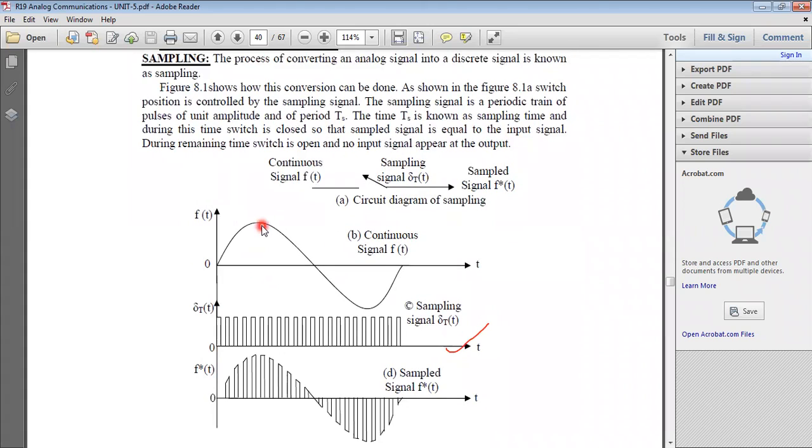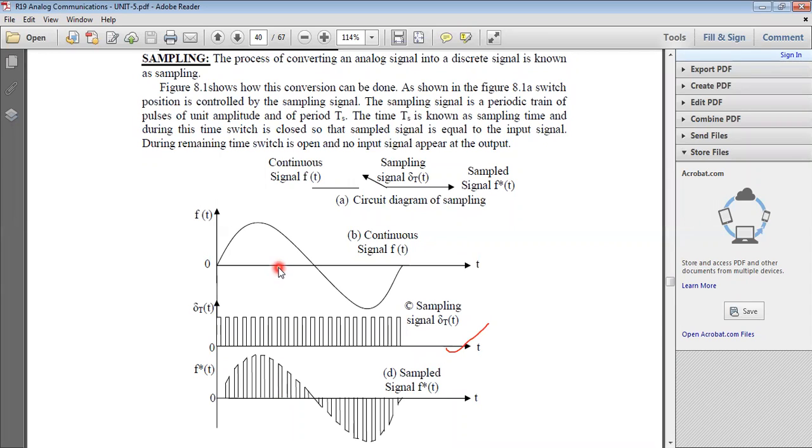Suppose you consider this point, it has the maximum amplitude. So according to this maximum amplitude, the pulse at that time is delivered to the output. So the pulse has maximum amplitude, so that the modulating signal is converted into a discrete signal.